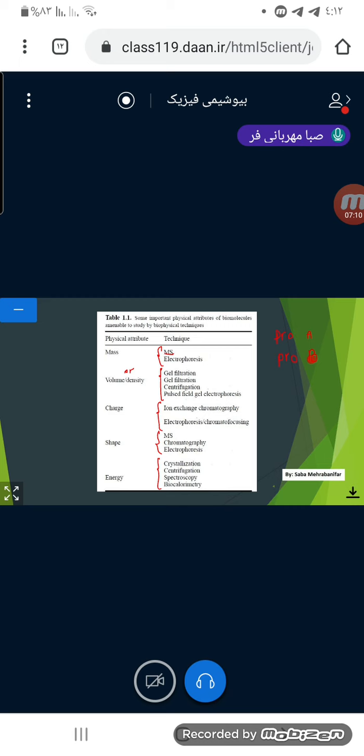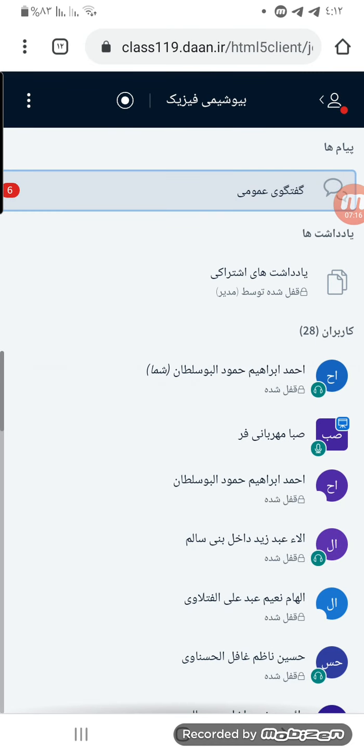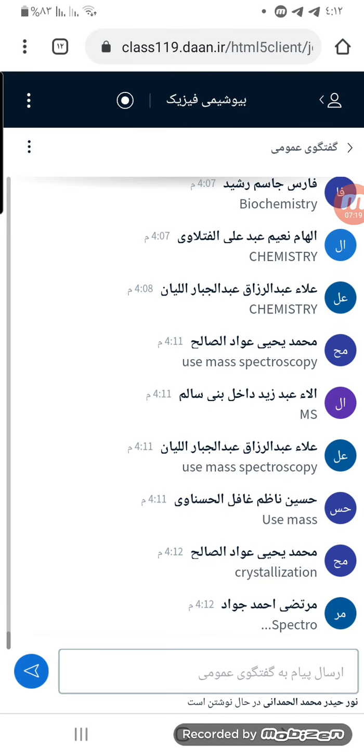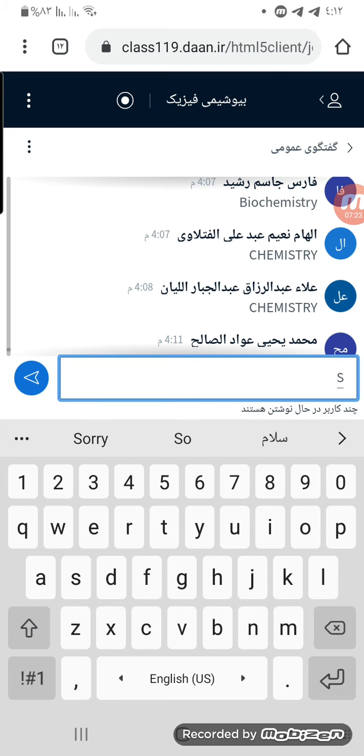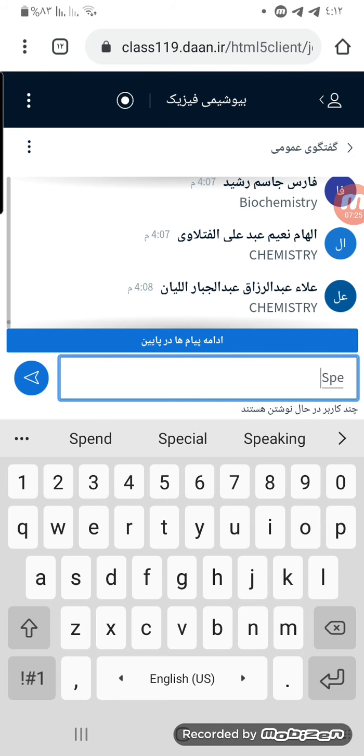Please tell me which techniques are suitable for doing this work. Yes, one of them is crystallization, centrifugation, spectroscopy, and biocalorimetry. These are some examples of my questions.